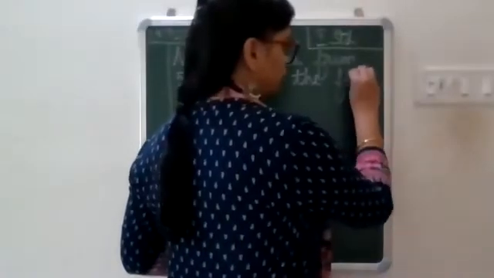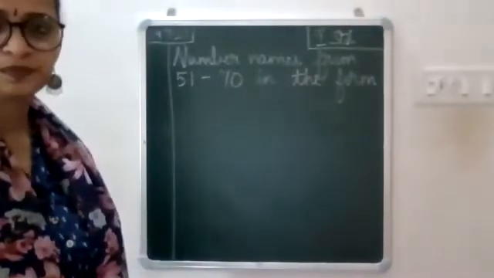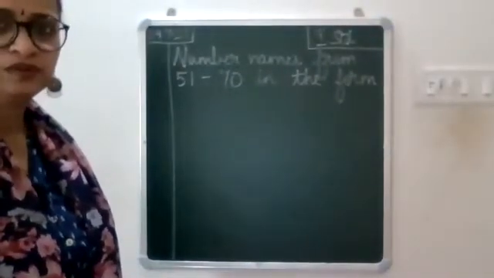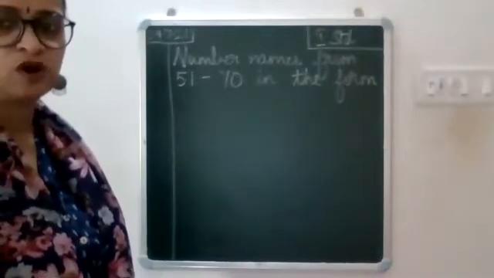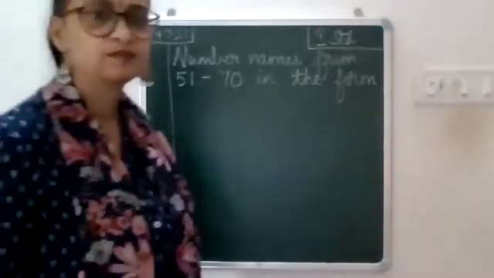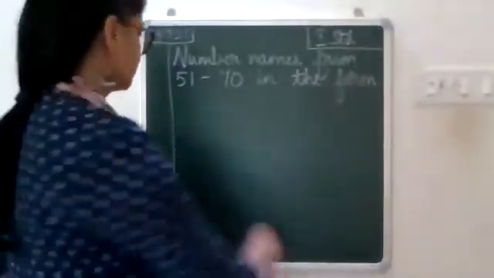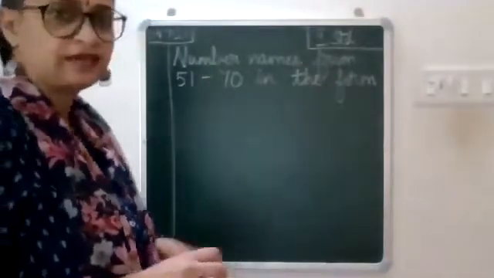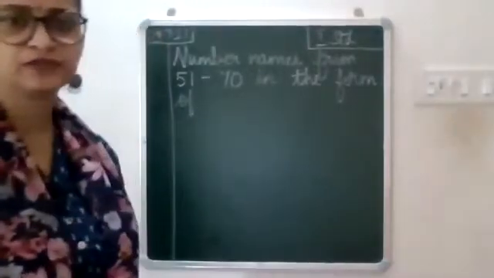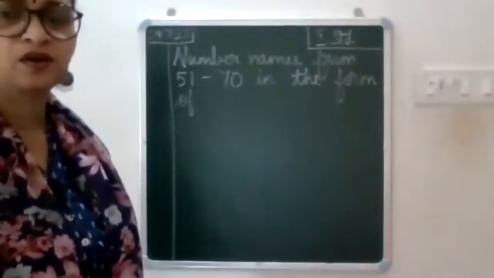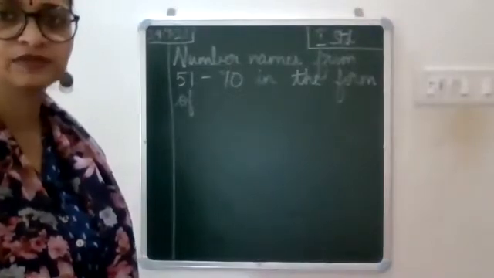Write down F-O-R-M, Form. Leave a finger space, or if you don't have space, you can leave a line and write. In the form of. O-F, Of.